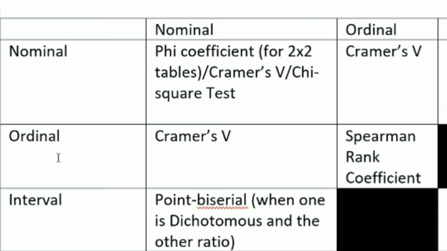If we have two ordinal variables, we can use the so-called Spearman rank coefficient to determine the degree of association between the two variables.